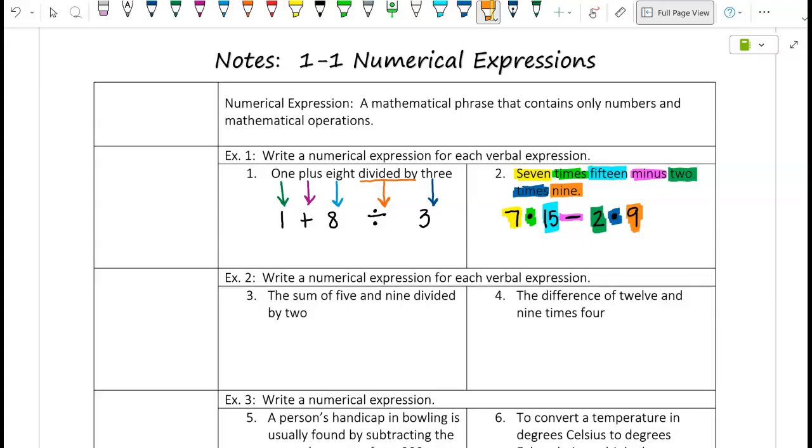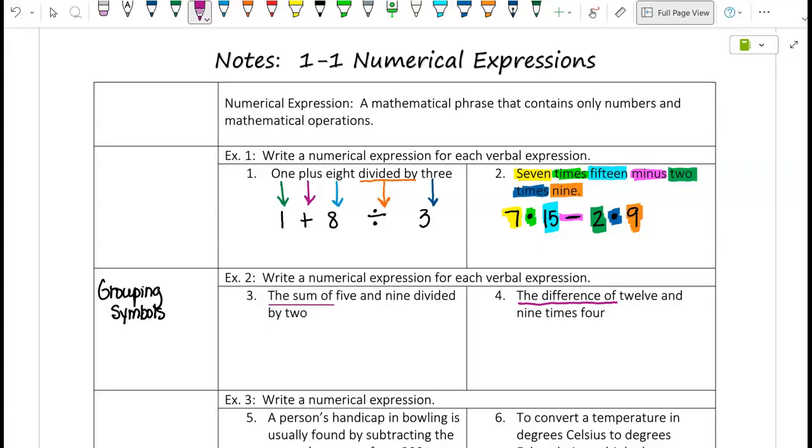Now, the difference between these first 2 examples and the next 2 is the next 2 are going to include grouping symbols, which means there's some math that has to be done before other math can be done. Because we see a phrase, the sum of, or the difference of, that's telling us that that has to happen before some other math.